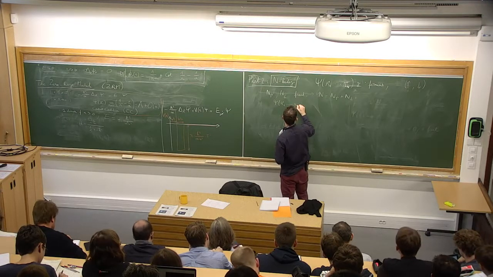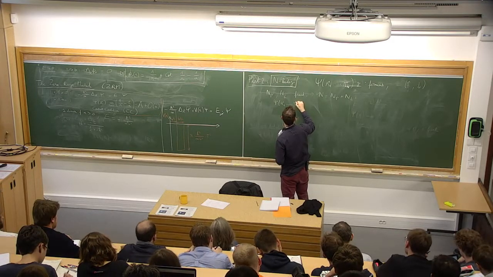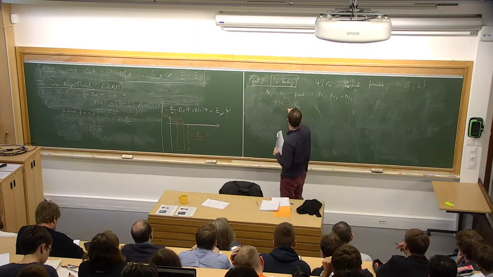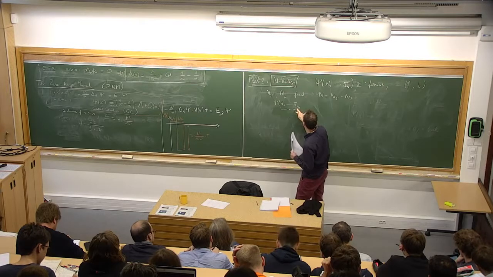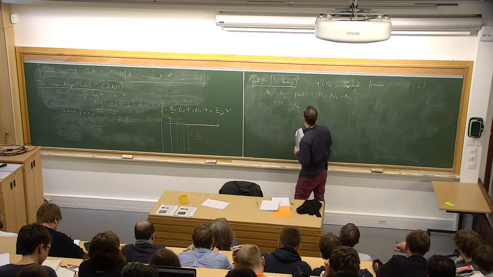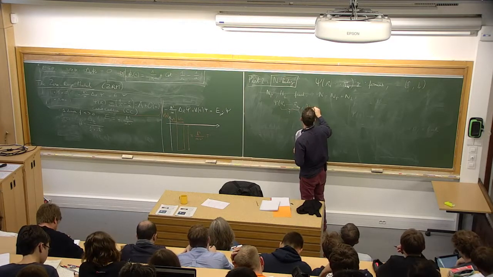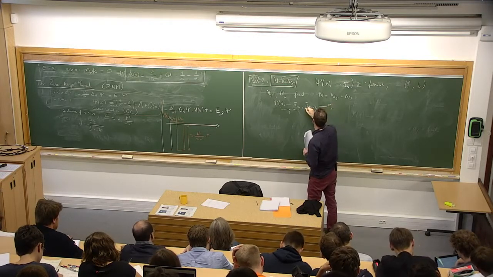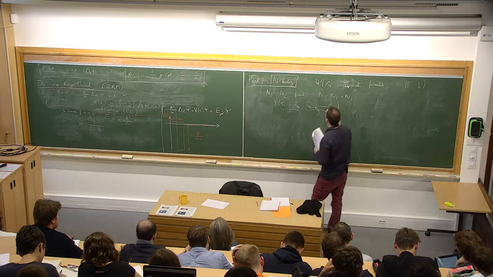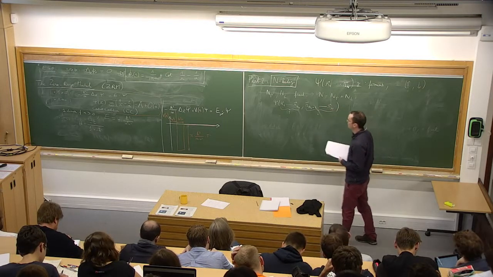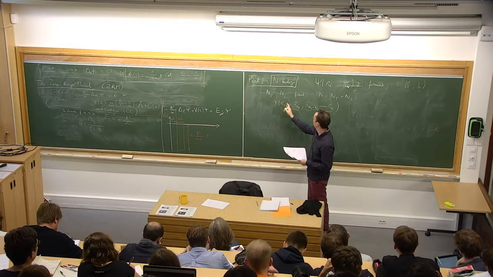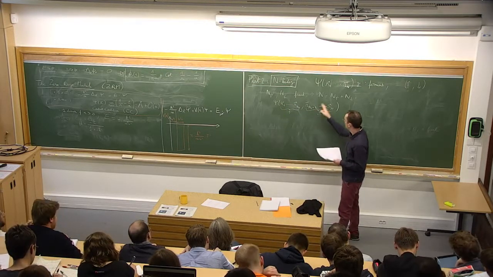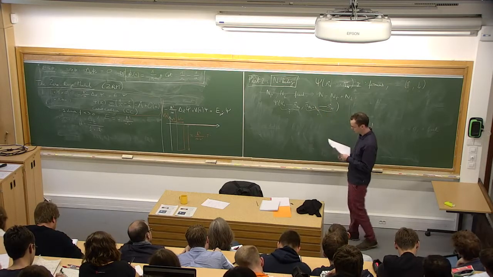So for example, if I put all the spin-up particles first, so r1 up to r N-up are the spin-up particles, and then from N-up plus 1 to the end rN, these are my spin-down particles, then the wave function should be antisymmetric if I exchange two of these. So if I exchange them, the wave function should change sign. And same story if I exchange two of these spin-down ones.